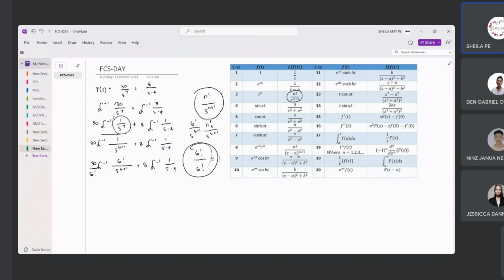So, this is s raised to the power of 6 plus 1 because 6 plus 1 is definitely 7. But looking at our numerator, it should be n factorial, which is 6 ang atong n. So that should be 6 factorial divided by s raised to the power of 6 plus 1.